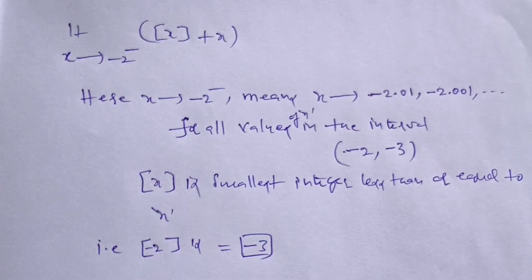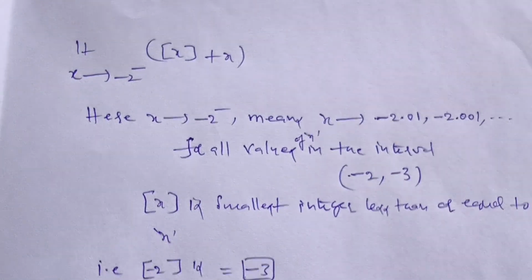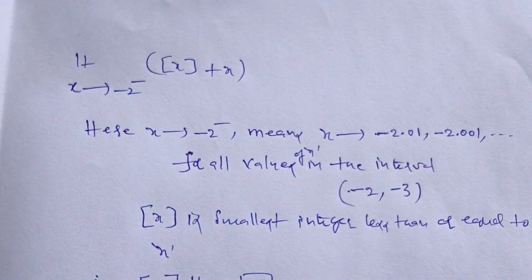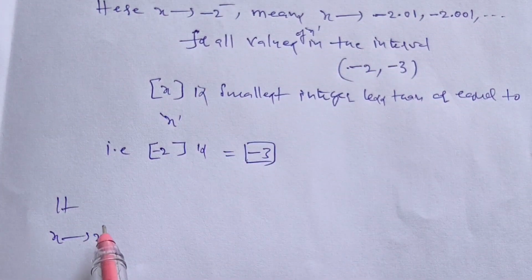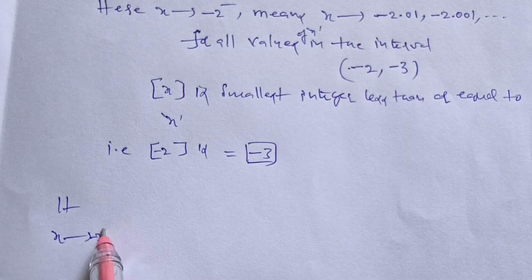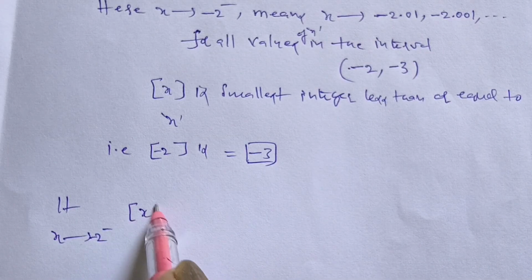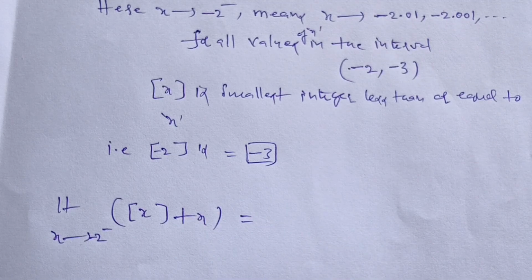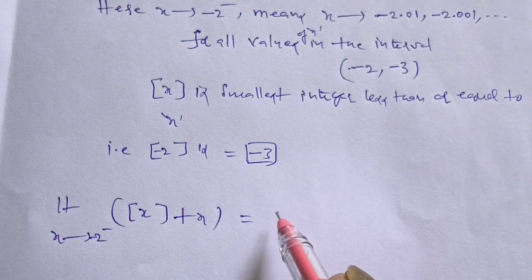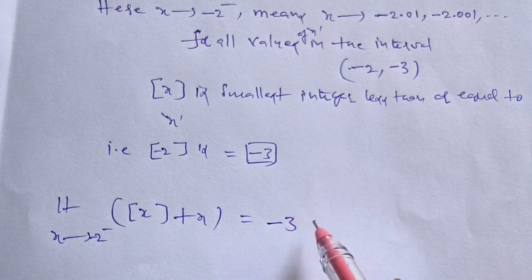In this interval, in these values, the integer part is minus 3, because minus 2 is greater than minus 3. The integral part of any x is the greatest integer not exceeding the given number. That's why here the integer value is minus 3.